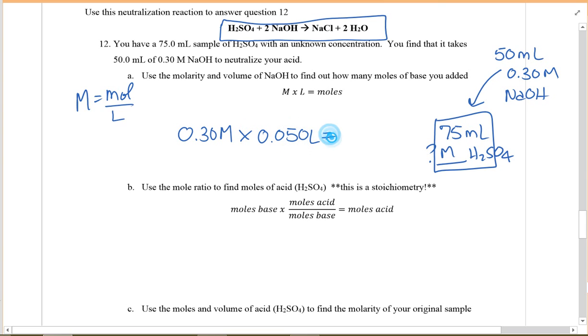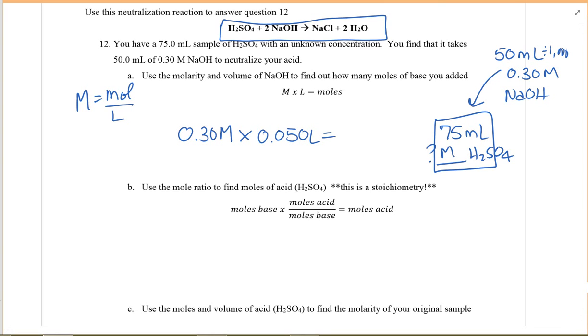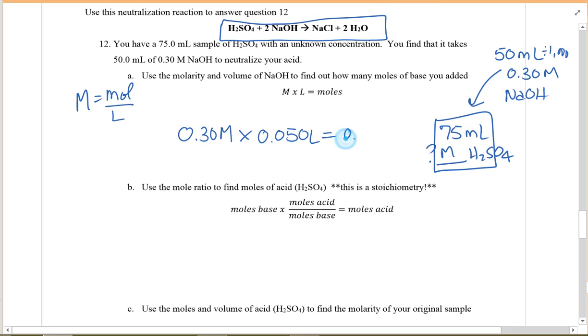You have to make sure you take your milliliters and divide by 1,000 to give you liters. Always remember that step. If you plug this in your calculator, 0.3 times 0.05, you end up with 0.015 moles of NaOH. It's always good to label what it is so that you don't lose track of whether you're talking about acid or base.